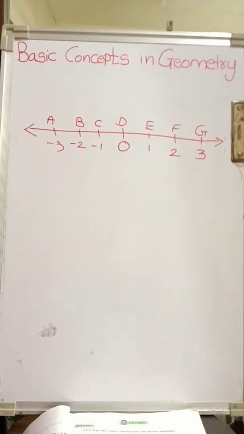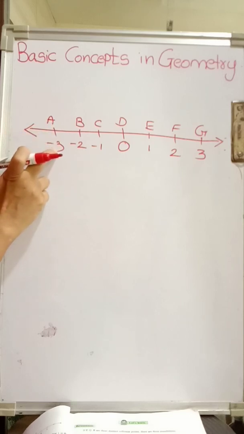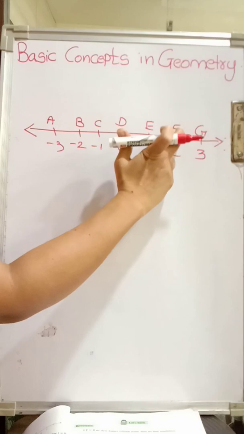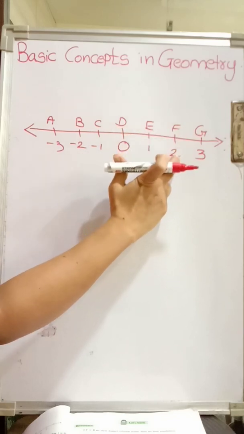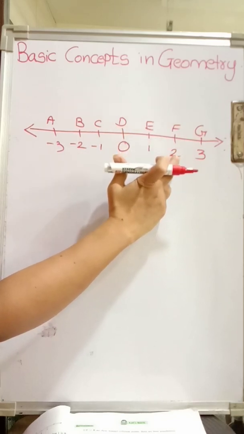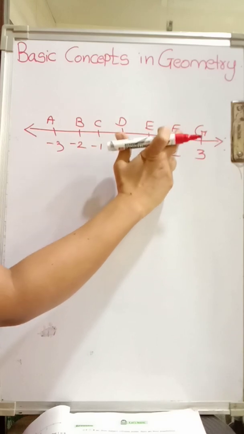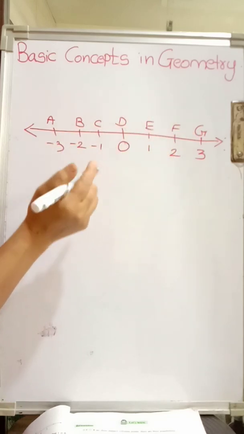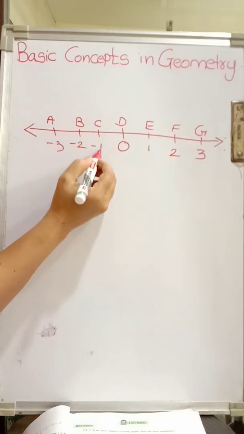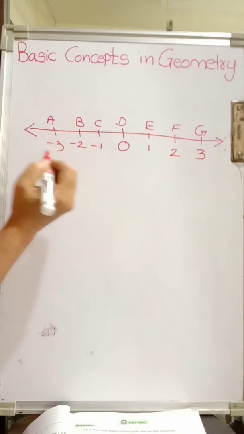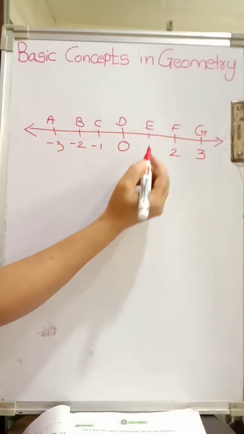Okay. Now point A, if I say, it is denoted by minus 3. You agree? Point F is denoted by 2, or we can say 2 is denoted by F. If I say point C, it is denoted by which number? Minus 1. E is denoted by which number? Plus 1.